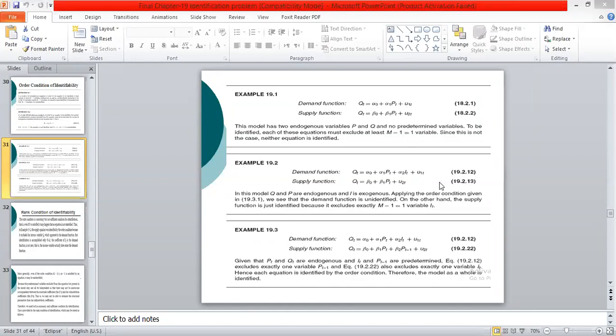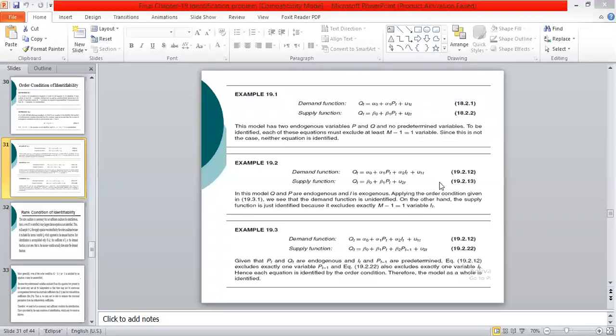It means K minus k, that shows the number of predetermined variables excluded from the given equation, is equal to 1. And on the other hand, m minus 1 shows the number of endogenous variables included in the given equation less 1.